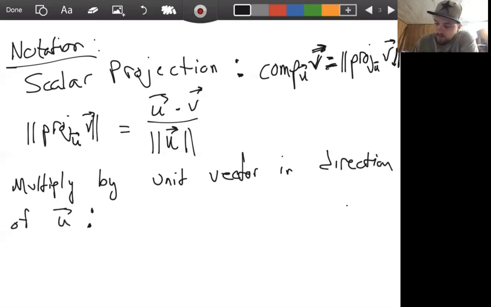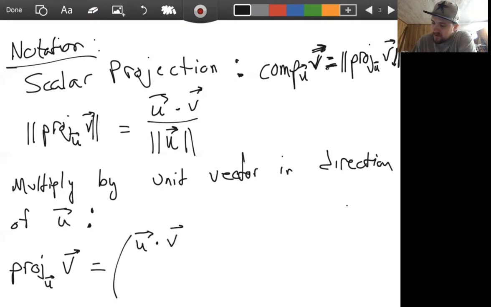So doing so is going to give us the proper formula for calculating the projection vector. The projection vector of v onto u is going to be given by the magnitude of this vector times a unit vector in that direction, because then it will get us the correct magnitude and the correct direction.